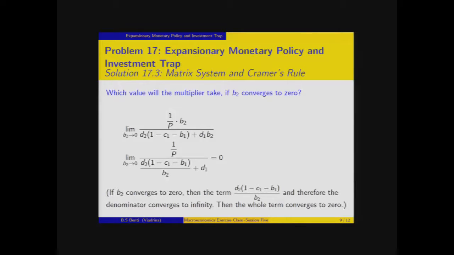We have already identified that our dy over dm is given by the formula 1 over p multiplied by B2 divided by d2 multiplied by 1 minus c1 minus b1 plus d1 b2. So in this case, if our b2 is converging to 0, the entire term would also converge to 0.